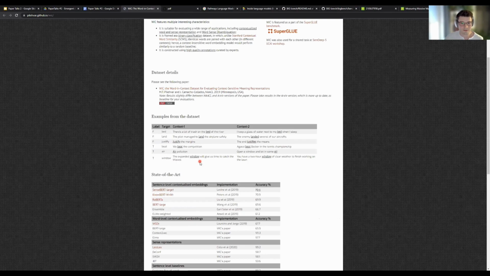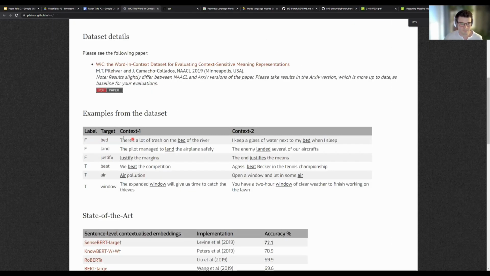This is pretty easy, because here we have one sentence, a second sentence, and in both of the sentences we have some word that can be used in different contexts. So for example, the pilot managed to land the airplane safely, and the enemy landed several of our aircraft, and it's actually not the same meaning.